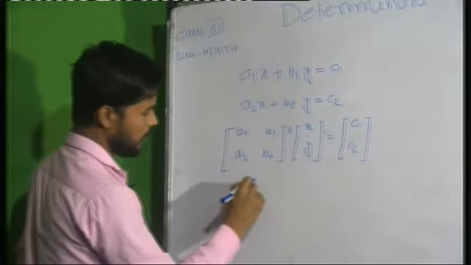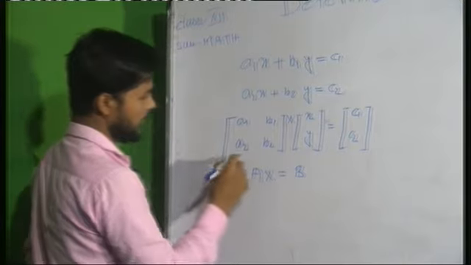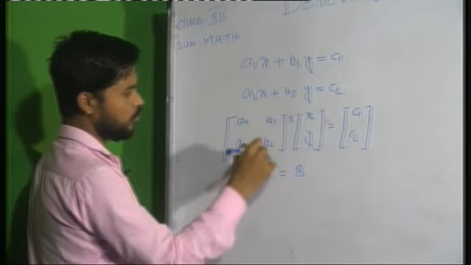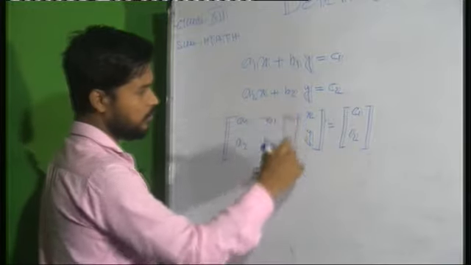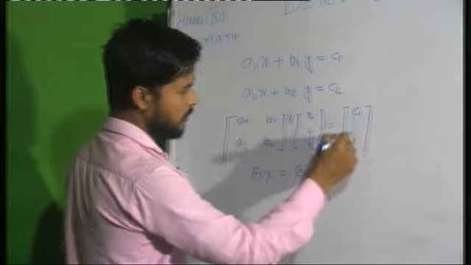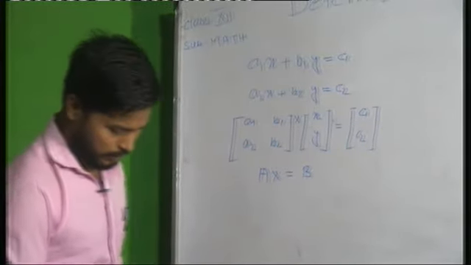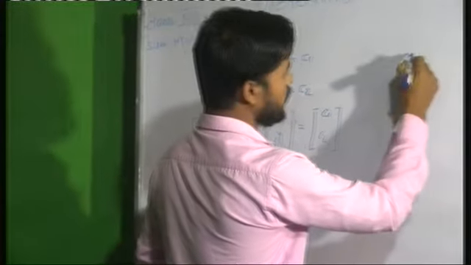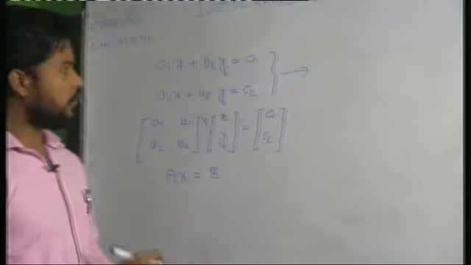That means in the form of AX is equal to B, where A equals the 2 cross 2 matrix a1 b1 a2 b2, X equals the column matrix x comma y, and B equals the column matrix c1 and c2.